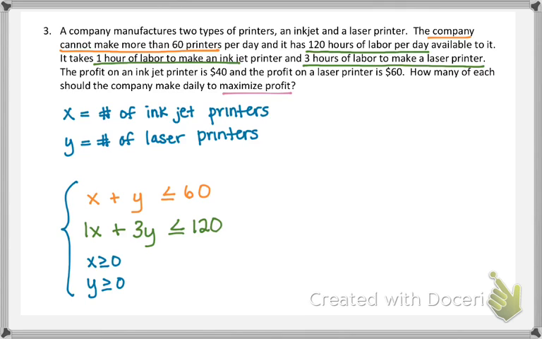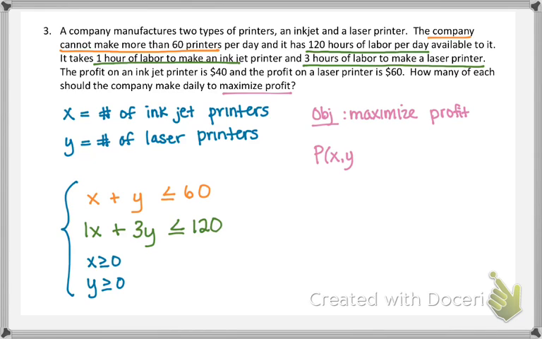Our goal here is to maximize profit. So our objective is to maximize profit, get the most amount of money, and so we have to come up with a rule, a function to calculate how much money we're going to take in. So I'm going to call this function P for profit.